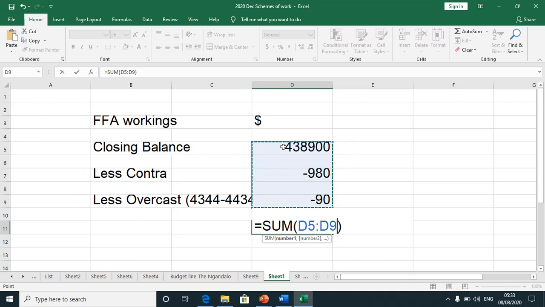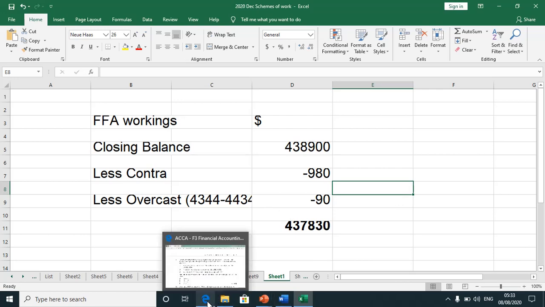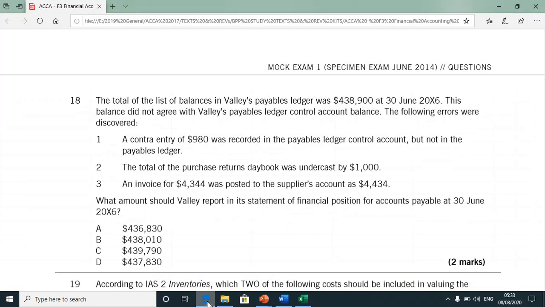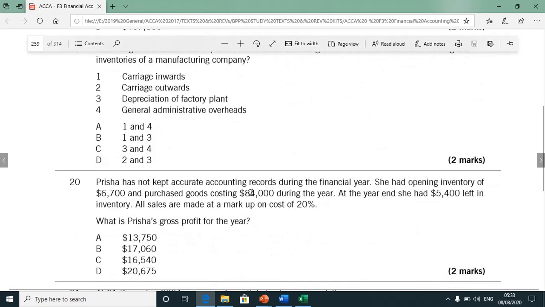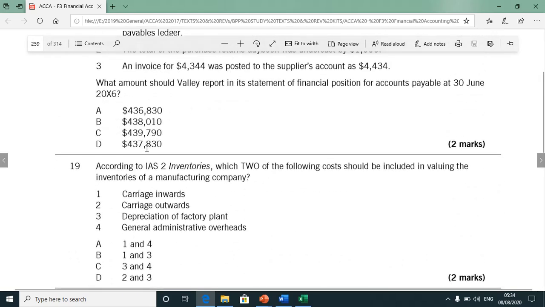When you sum up everything, that's the figure that you're supposed to have, which is 437,830. All right, so that's what we have there, and of course the answer is D.